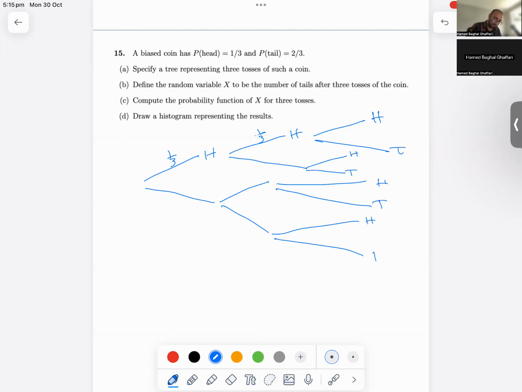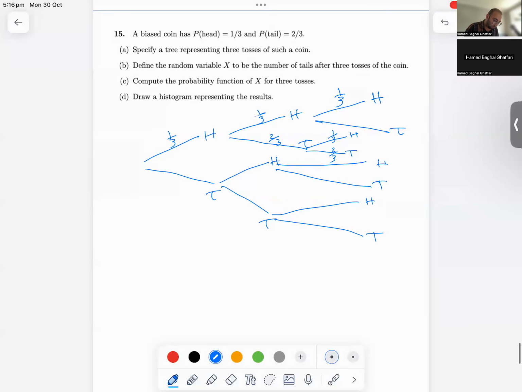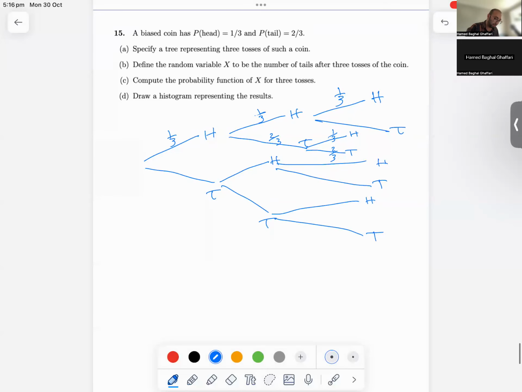So we should have 8 scenarios. This one is H, this one is T, this one is T, this one is T. I hope I didn't miss anything. And you can easily fill in the numbers, of course: 2 over 3 and 1 over 3 here, 2 over 3 here. They are independent. Tossing the coin several times doesn't change anything, because of independent probability.